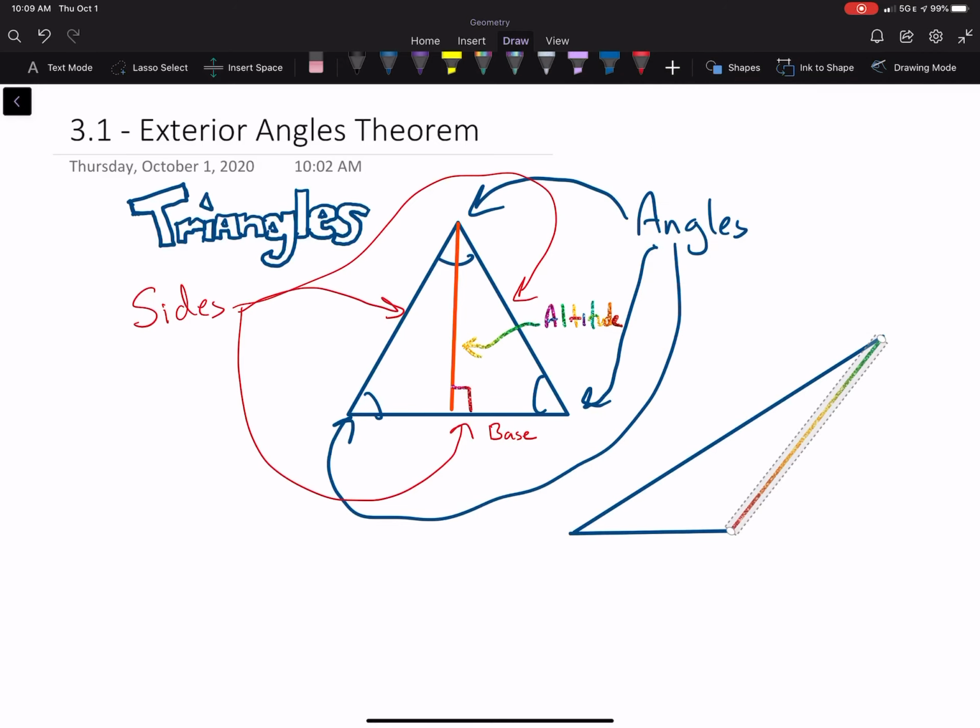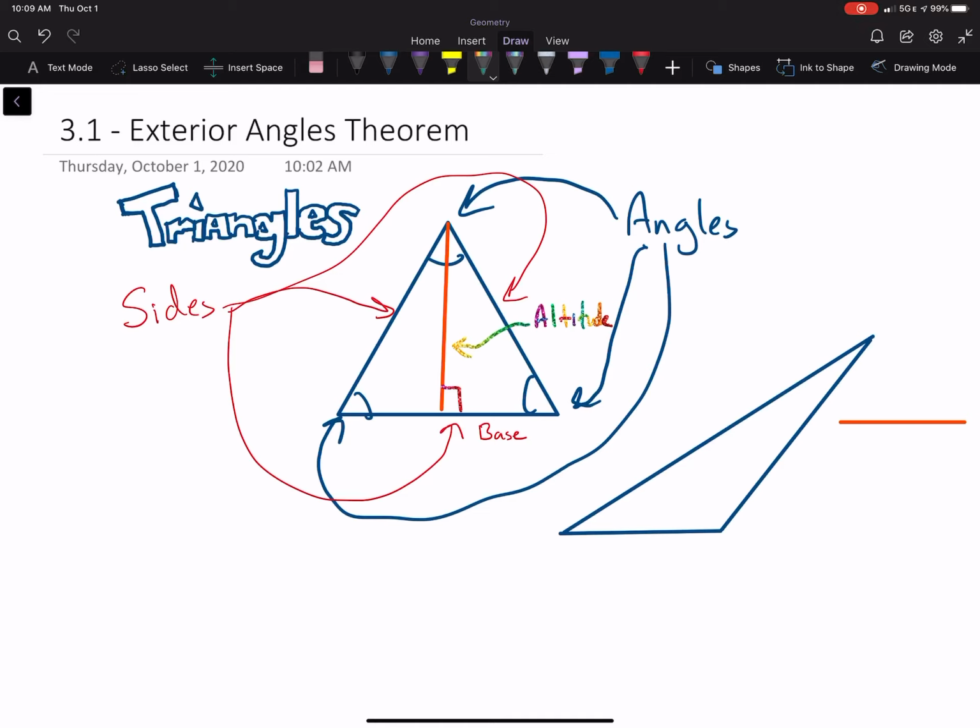We'll stick with this. If I go straight down like that, this is the altitude. Sometimes it winds up outside, because if you just continue this line, you would have it out this way. We'll talk more about altitudes later, but just FYI.